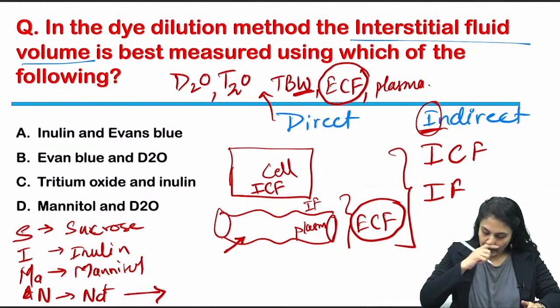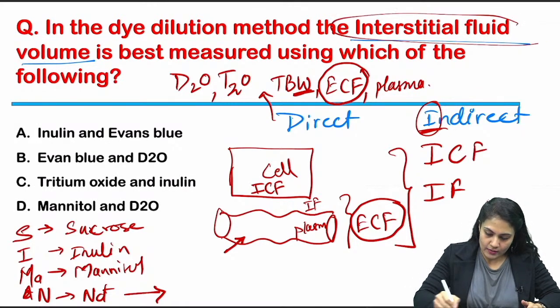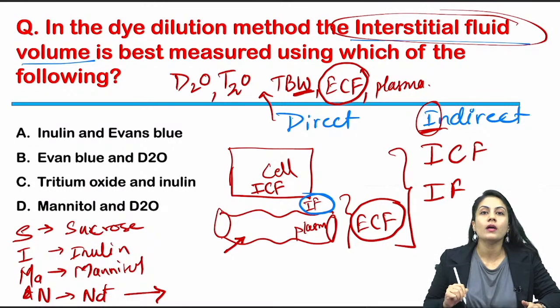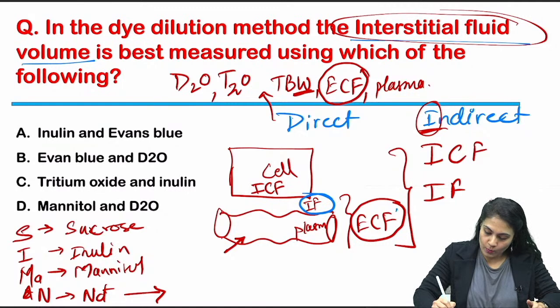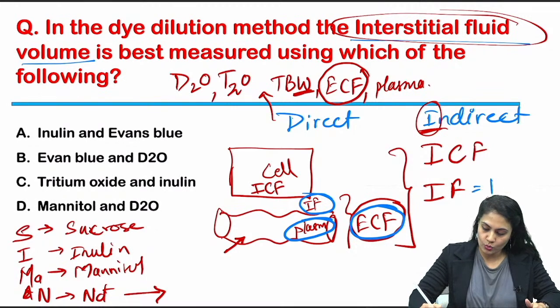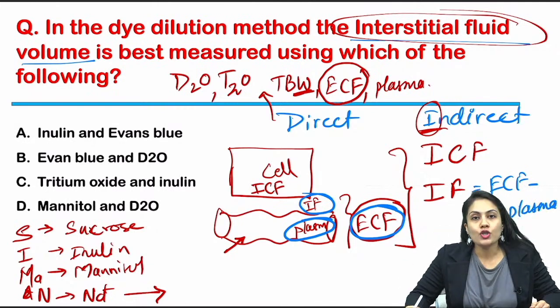So if I have to measure interstitial fluid, I cannot measure it directly, so I measure ECF and subtract the plasma. ECF minus plasma gives me the interstitial fluid, right?